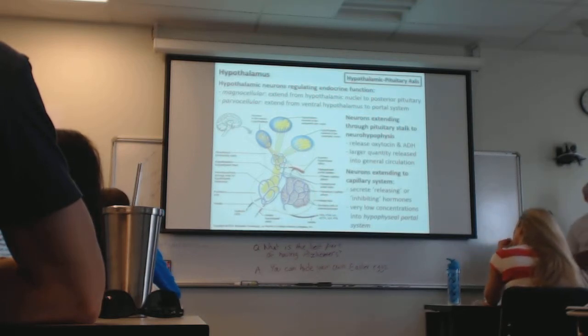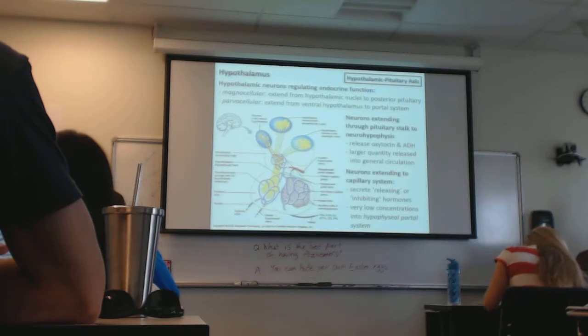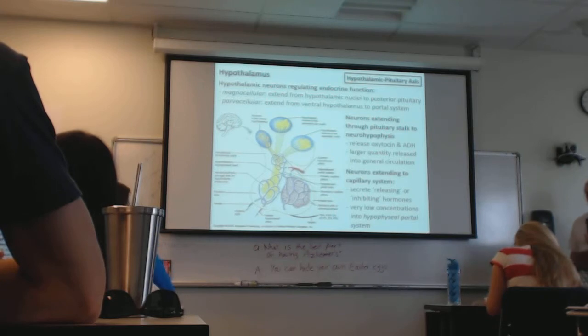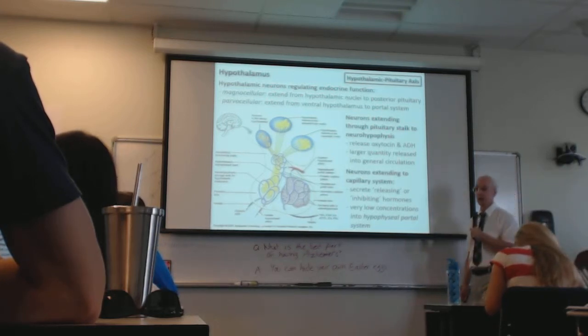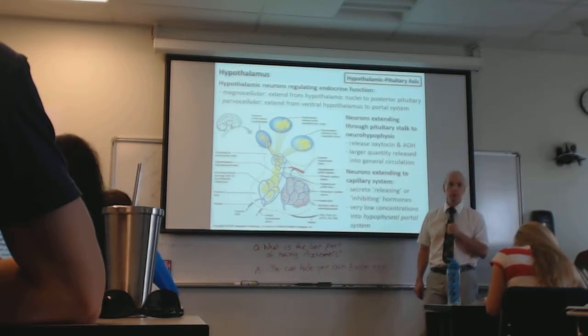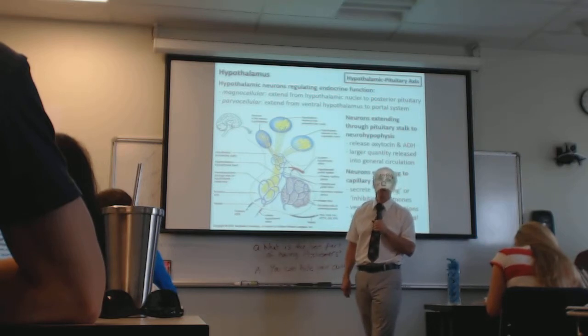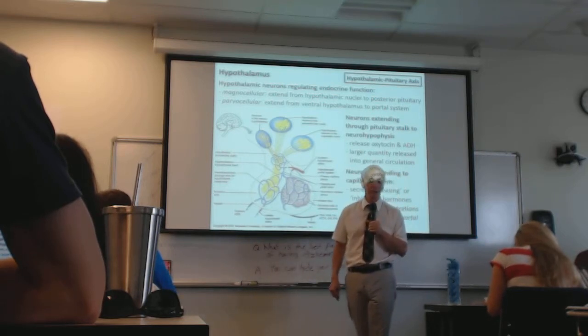So in the middle is what they call the portal system? Yeah, this whole thing right here, all those purple blood vessels you see, not these, but the ones that extend from the pituitary stalk into the anterior pituitary, that is called the hypothalamic hypophyseal portal system. Remember earlier we differentiated the hypothalamic hypophyseal portal system from the hypothalamic hypophyseal tract?